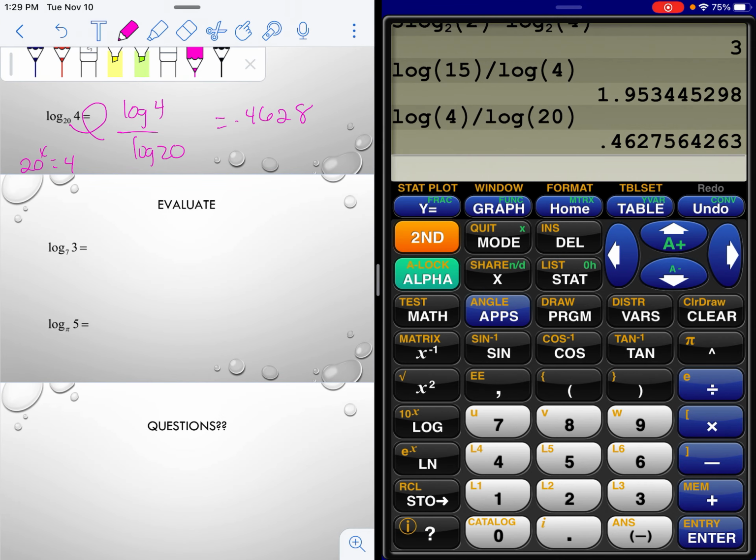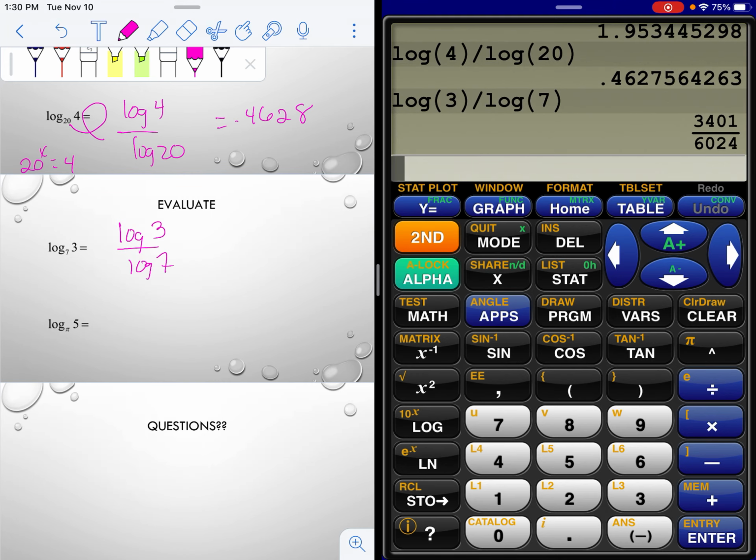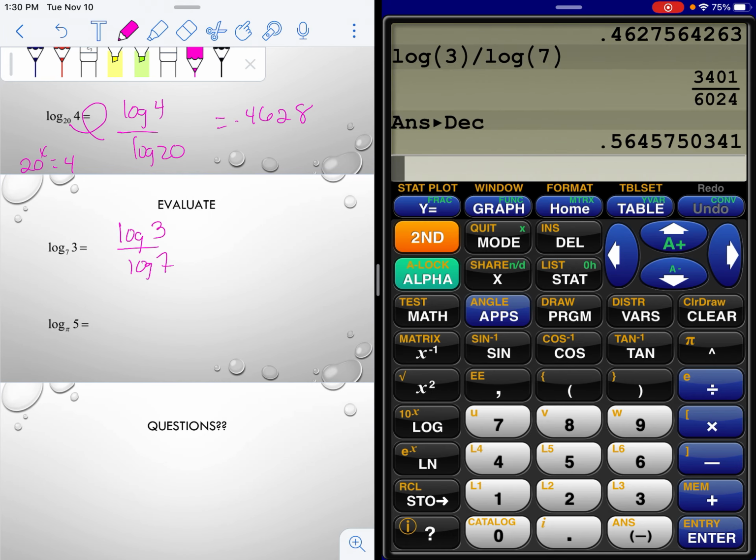Same thing with this one. Change of base formula, we get log of 3 over log of 7. We can evaluate that: log 3 divided by log 7. It helps if you hit divide in the middle. Log 3 divided by log 7. Here we go. If you don't like that, turn it into a decimal: 0.5648.